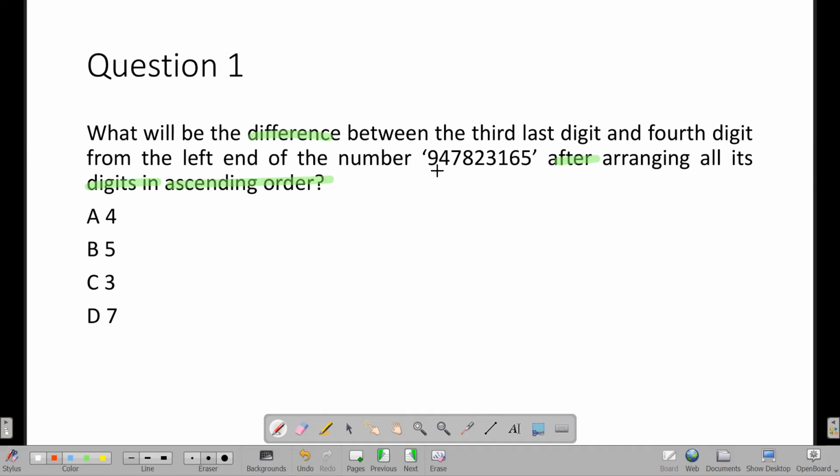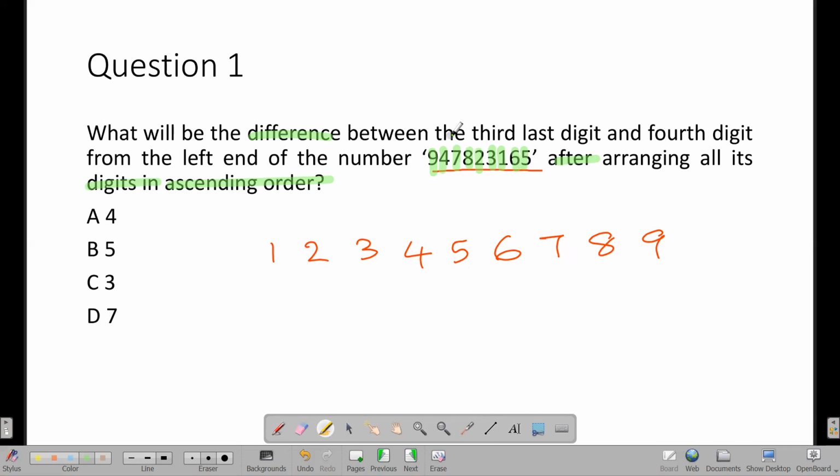So when you are arranging the digits involved with this number in the ascending order, you will get 1, 2, 3, 4, 5, 6, 7, 8, 9. I have arranged the digits involved in the ascending order.